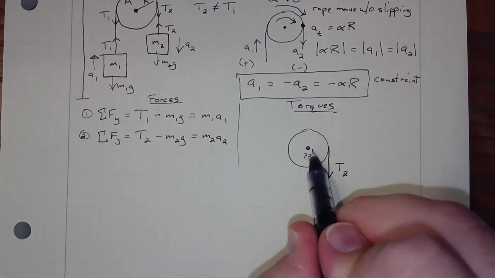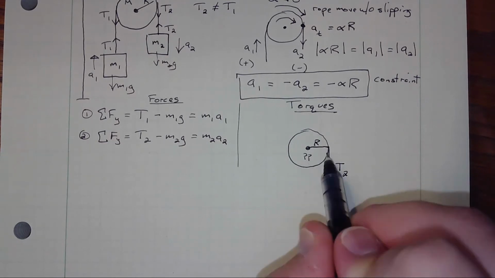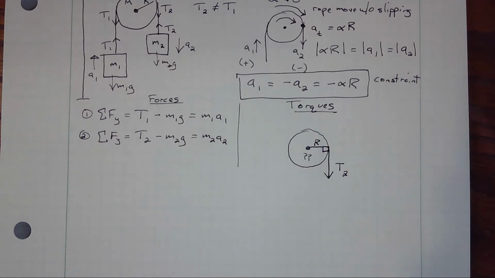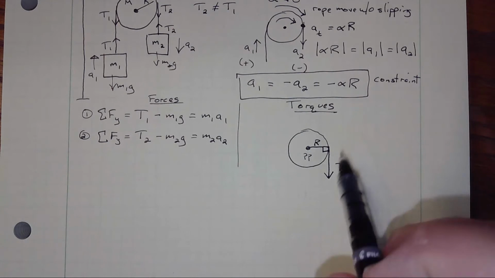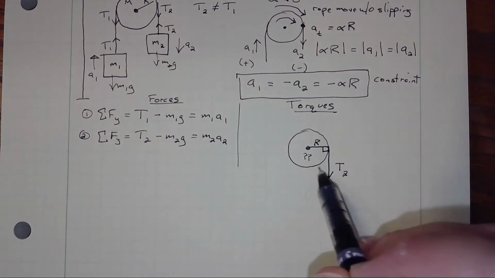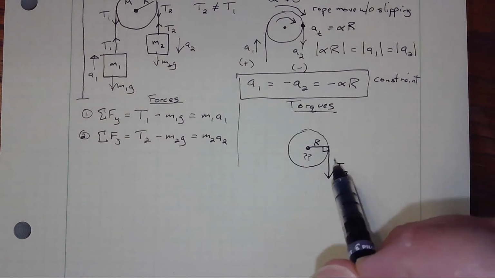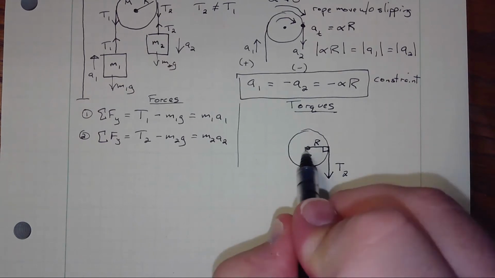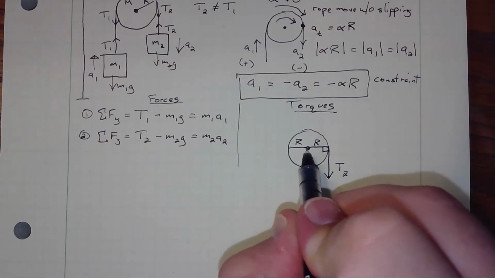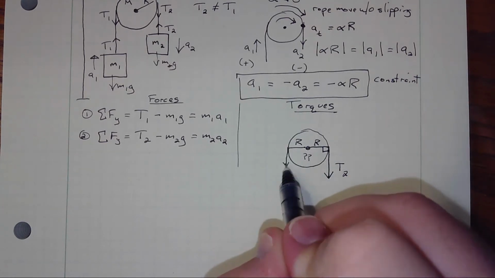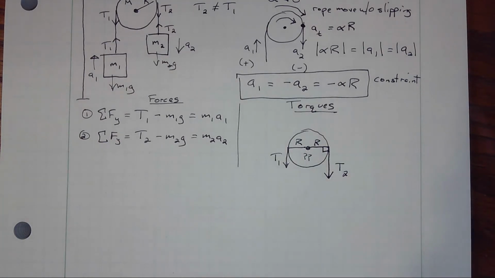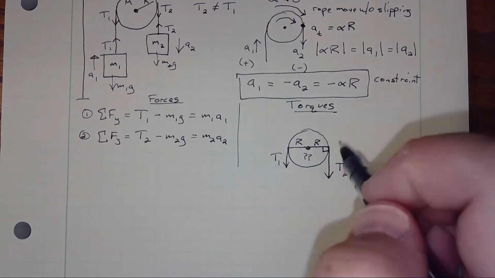Notice that's going to be at a distance r, and it's going to be exactly perpendicular based upon where it's coming off of the pulley. So the nice thing here is that I don't have to worry about angles when I'm computing these torques. Same thing on the other side. That's a distance r. This is going to be a tension T1. And that's it. Those are the only two forces acting on this that are going to exert torque.